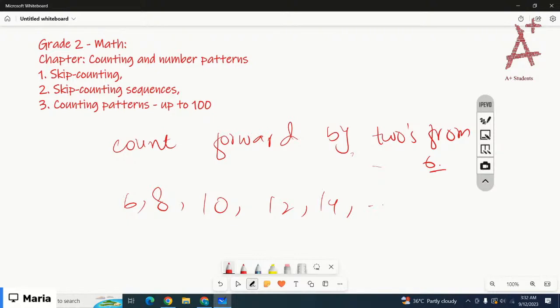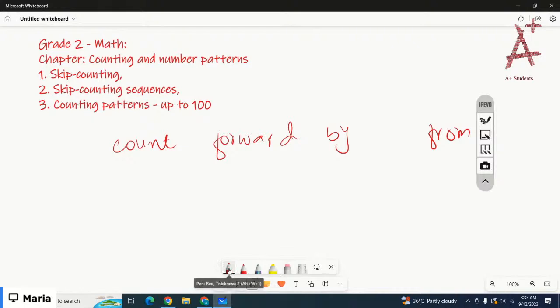Let's do another example. Count forward by 4s and start from 4.